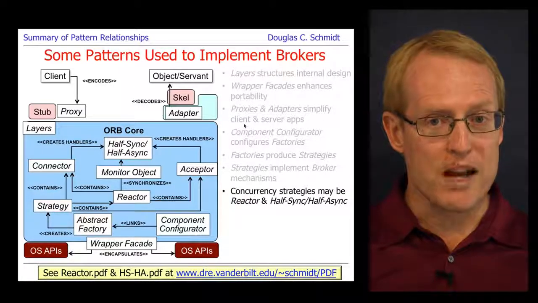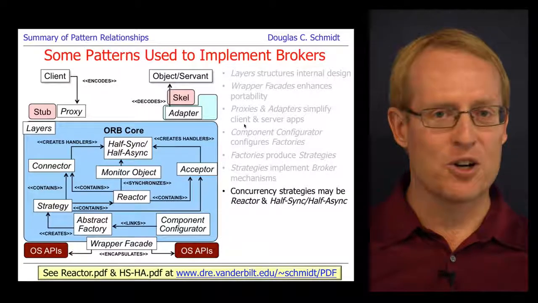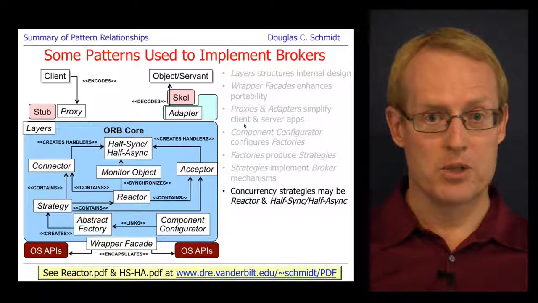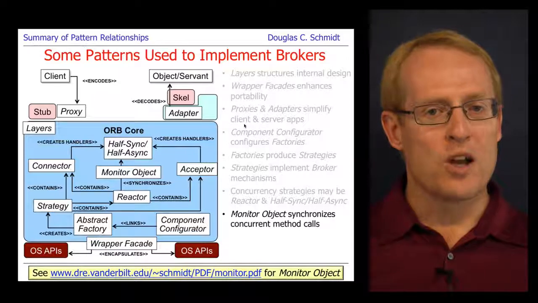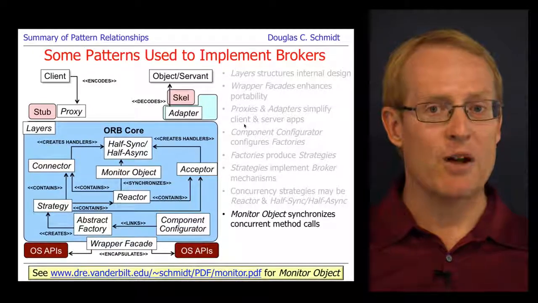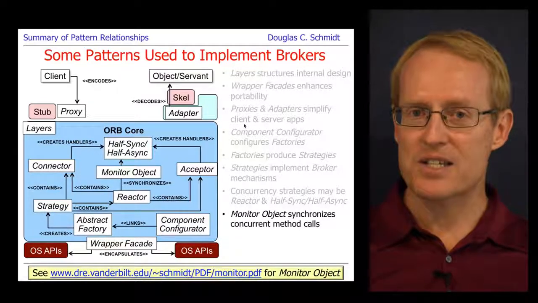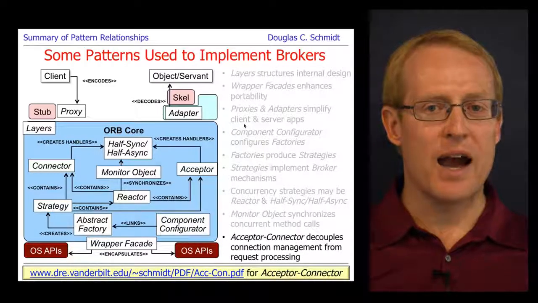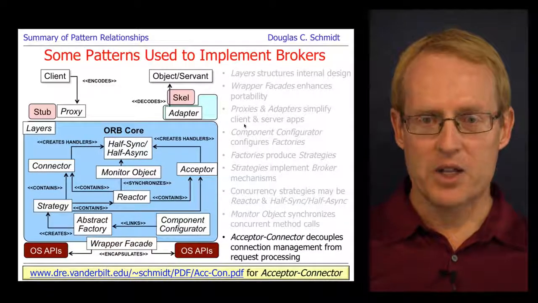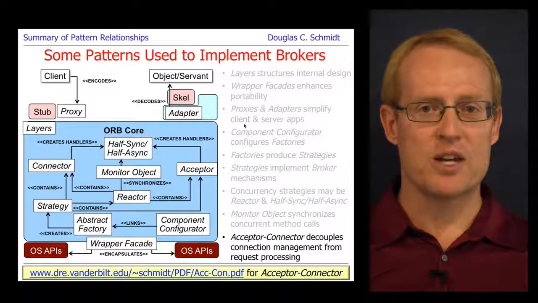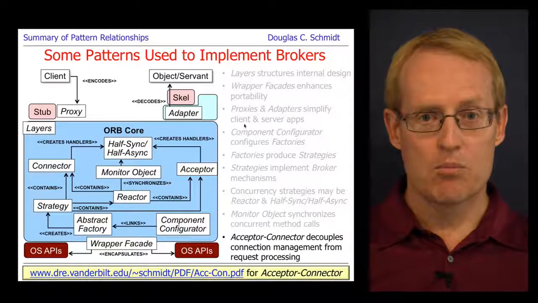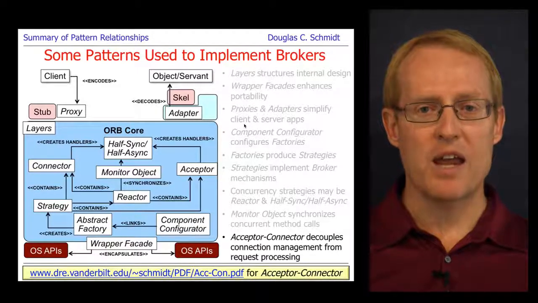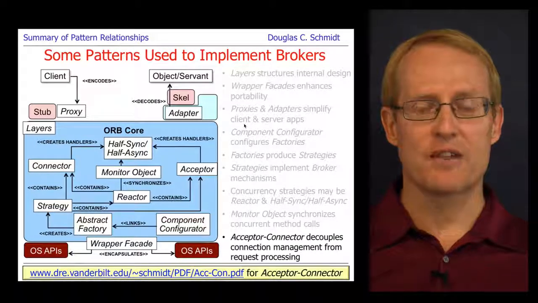Some of the concurrency strategies we would use might be reactor and half-sync, half-async, or leader followers, which are POSA 2 patterns. We can also use a POSA 2 pattern called monitor object to synchronize concurrent access to objects. And we're going to use the acceptor connector pattern to decouple connection management and service initialization from the application protocol or broker protocol used to communicate information once various parts are connected.